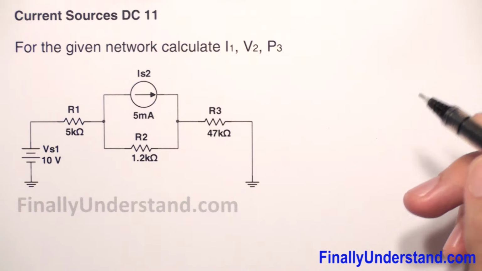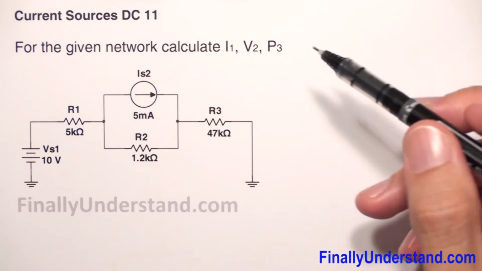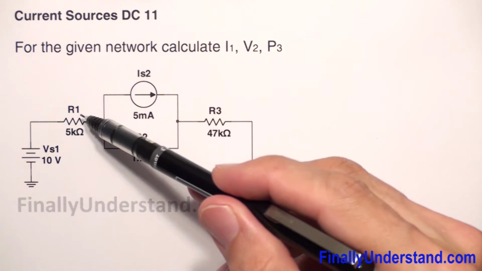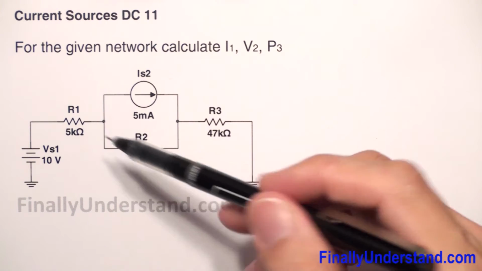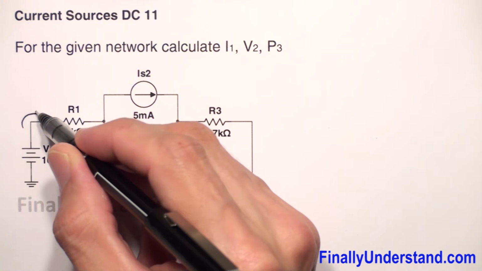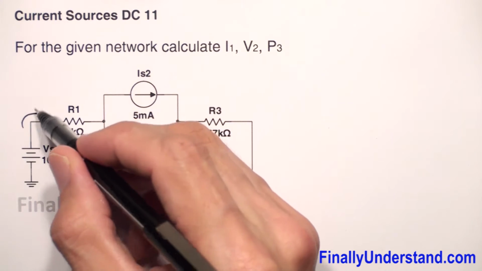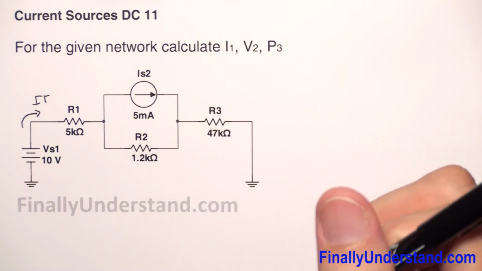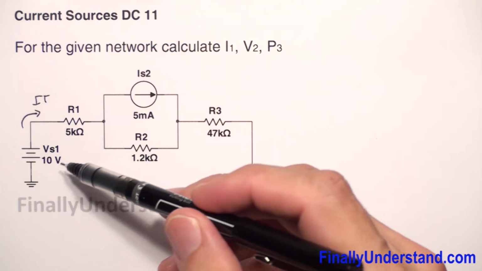So what I would do in this case, first I have to check what I have to find. I have to find the current which goes through resistor R1. Please notice that the current which will go through resistor R1 is also my I total. Why is this my I total?